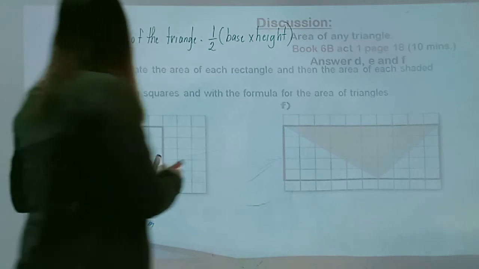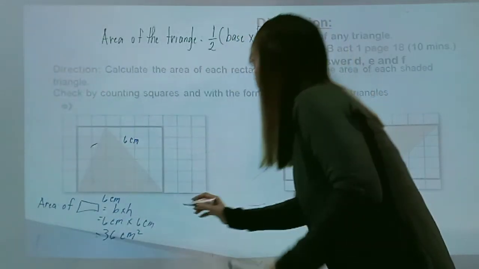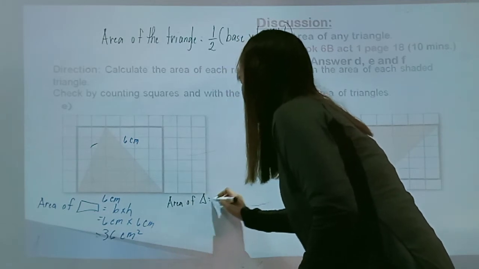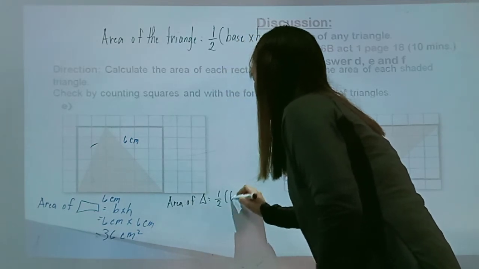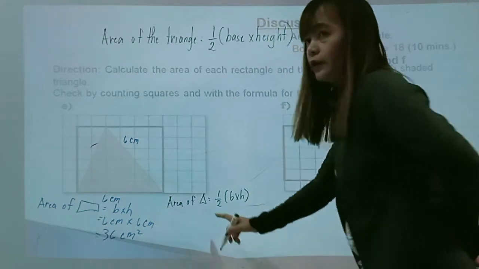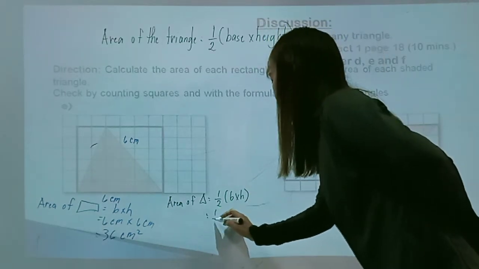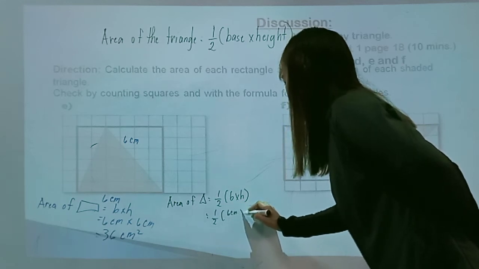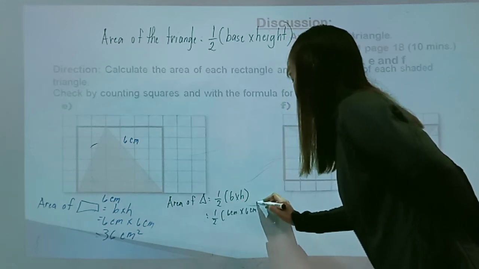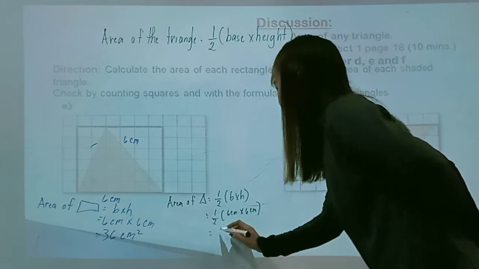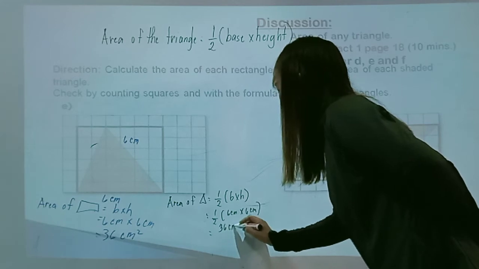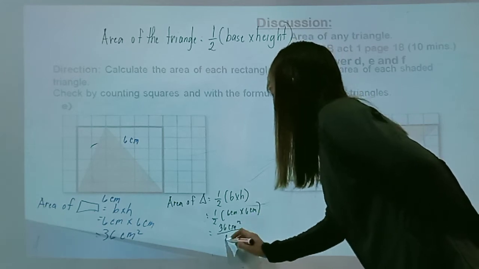How about the area of the triangle? The area of a triangle is equal to 1/2 times the base times the height. So we have 1/2 times 6 centimeter times 6 centimeter. 6 times 6 gives us 36 centimeter squared divided by 2.